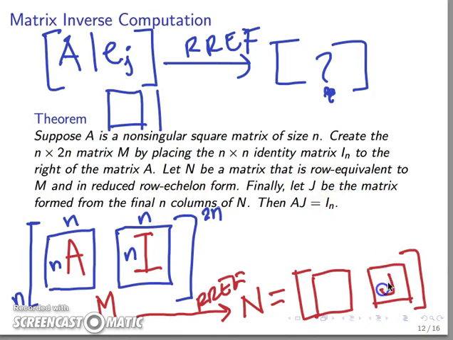So here would be the matrix J. The question is, what is here? The theorem assumes that A is non-singular. If A is non-singular, then what appears on this portion of the RREF will indeed be the identity matrix.